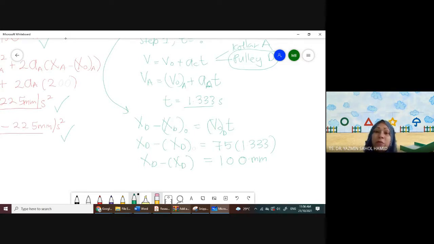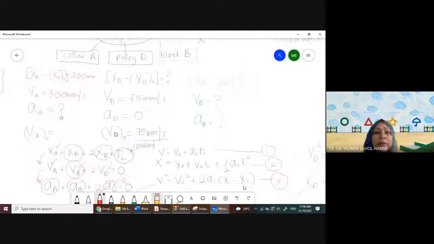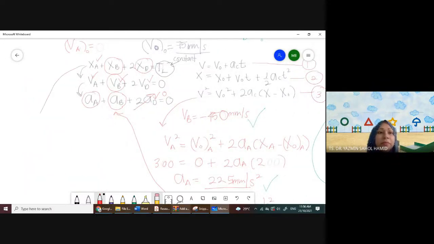That is the answer. So from there, what you can do is find the change in position for block B using this formula. So you put here, okay.